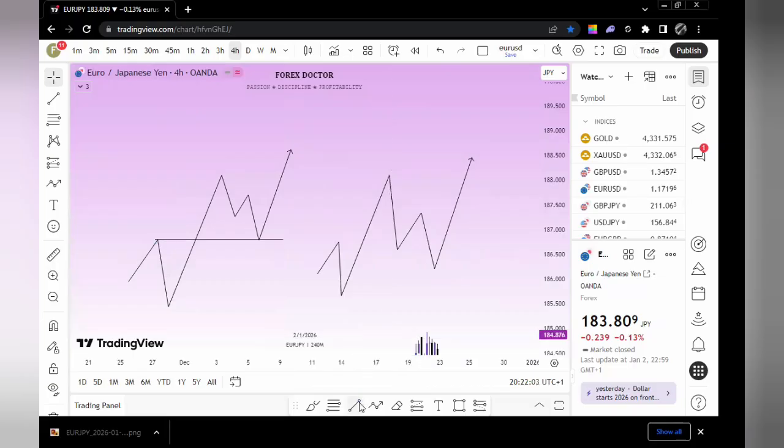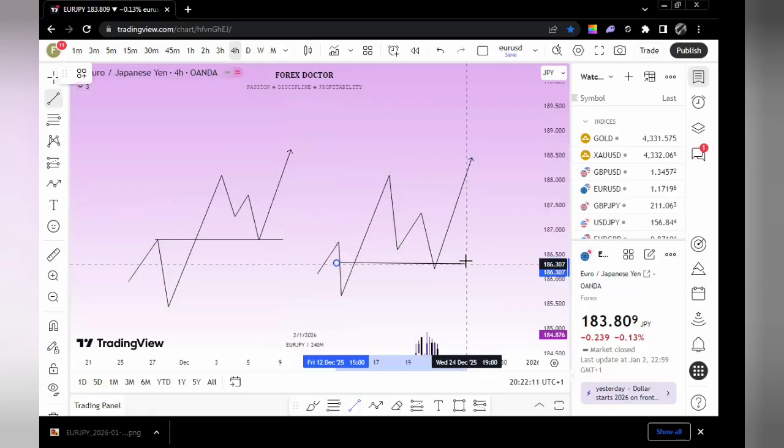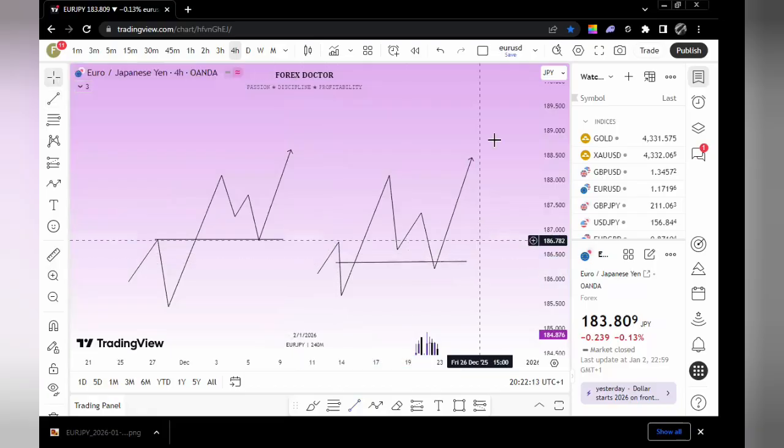You have this and you have this. Sometimes it even takes from this sweep here. But most times you do have an inner breaker at this point, and price just picks it up and moves.